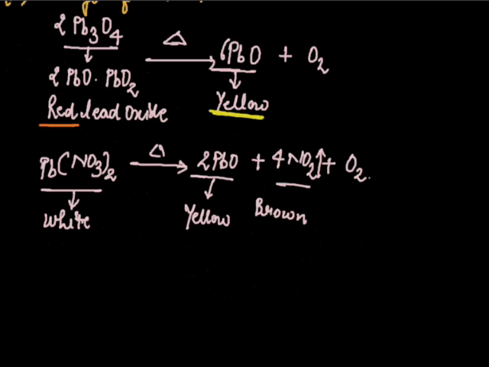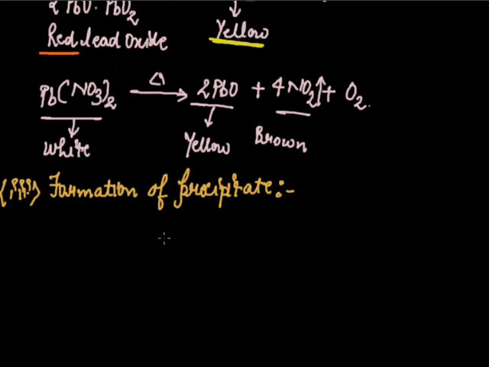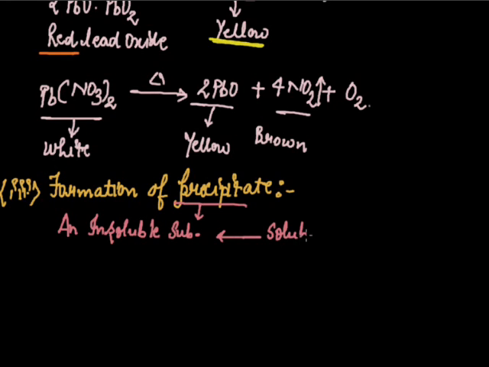Now, another characteristic is the formation of a precipitate. What is a precipitate? A precipitate is an insoluble substance formed by mixing two soluble compounds.